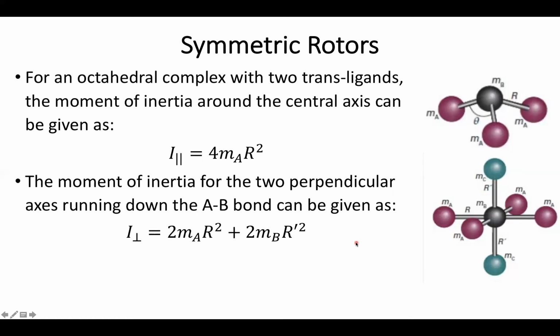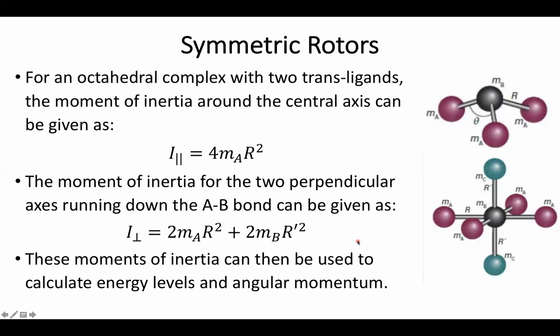Now, once we have all these moments of inertia, we can go ahead and use them to calculate all of our energy levels, all of our angular momenta. And it turns out that our rotational spectra will be a lot different for these symmetric rotors than we would expect from a simple linear or spherical.